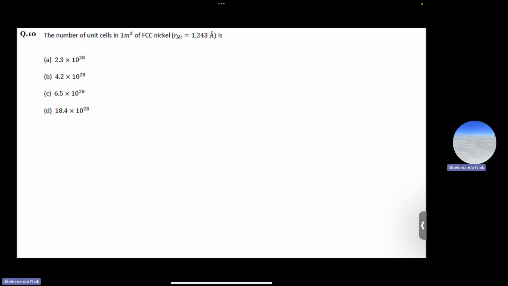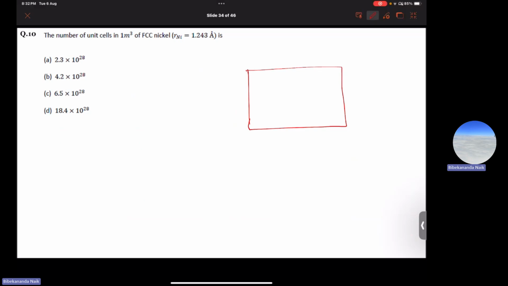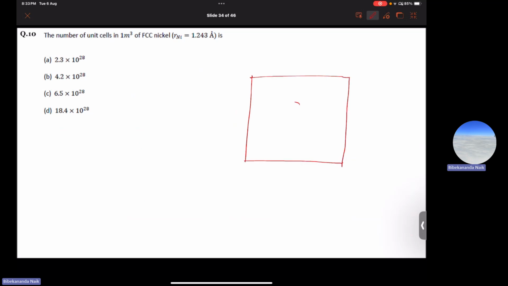As I discussed, if you talk about the face centered cubic, suppose this is one face. Let me draw a proper cube. One atom is present at the corner, then one is here and one is here.